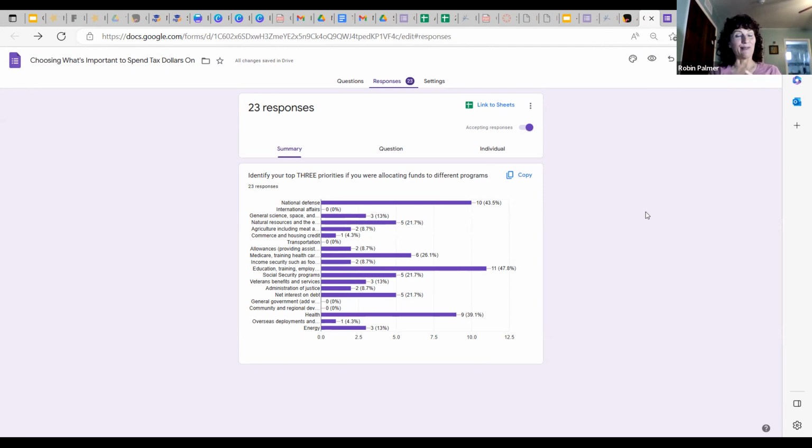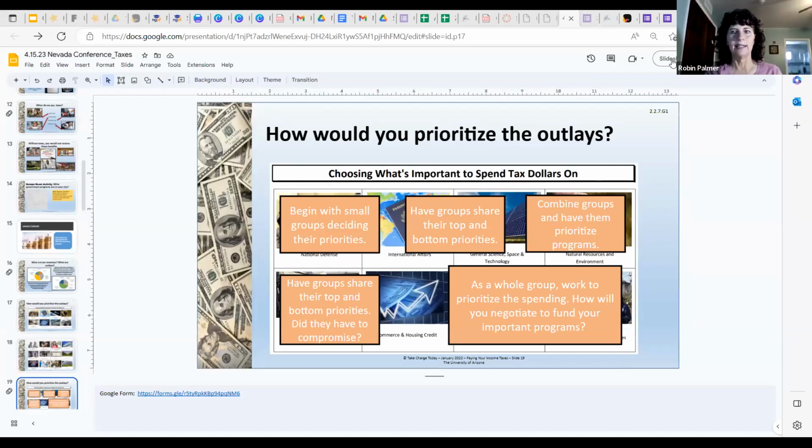So I thought that was really funny, but it's hard to choose when, you know, everybody has priorities, and our government has people who are trying to talk them into spending more money on this area or this area or this area. So just kind of a fun activity that you could do with the students that would take a little while if you wanted to do that.